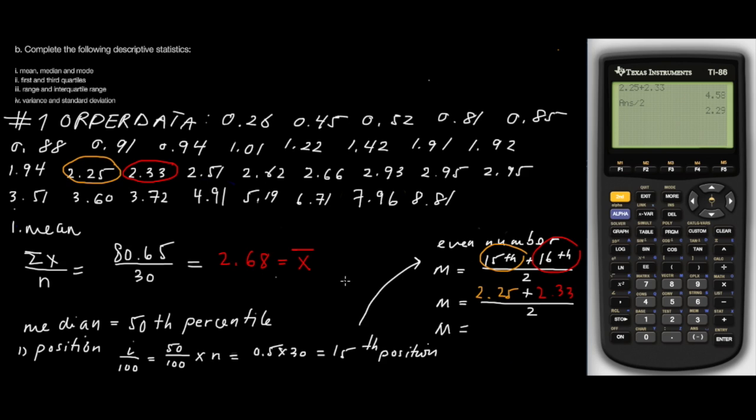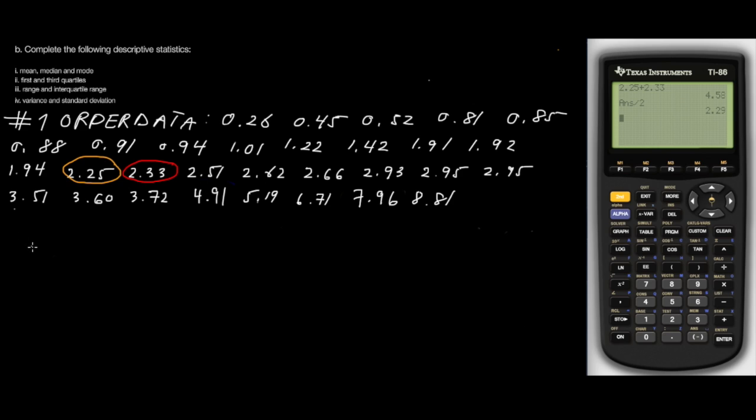Okay, so this gives us 2.29 for our median. So that's how we determine the median for an even numbered position.